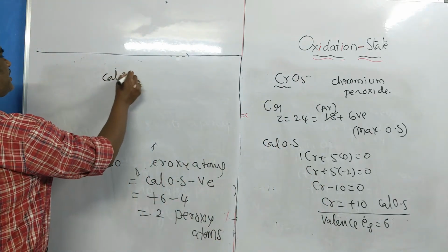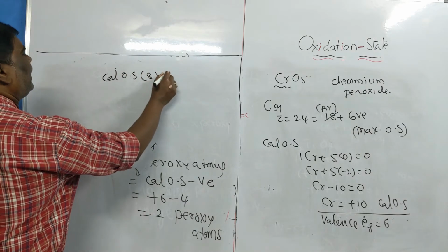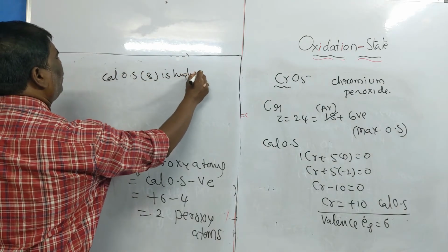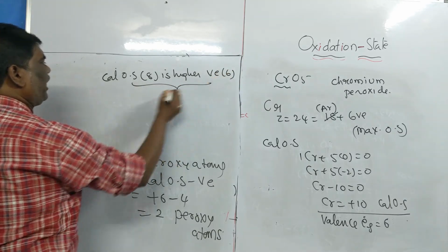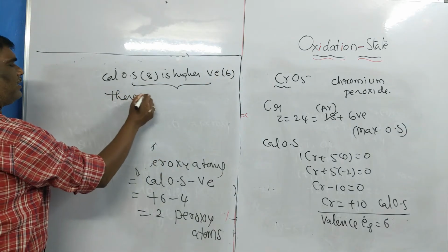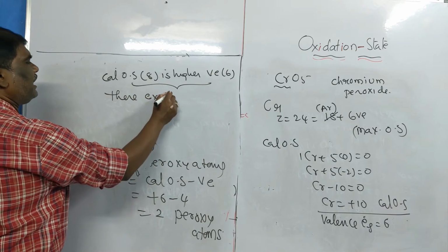The calculated oxidation state is dominating the valence electrons. Therefore we expect there exists a peroxy linkage.